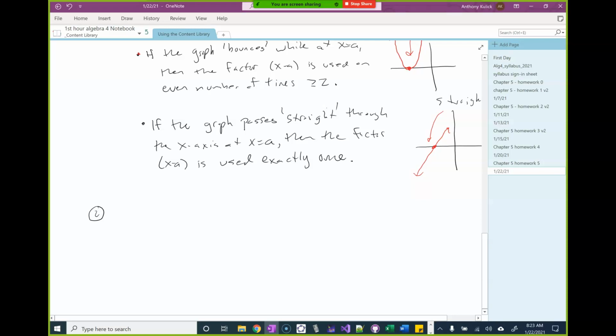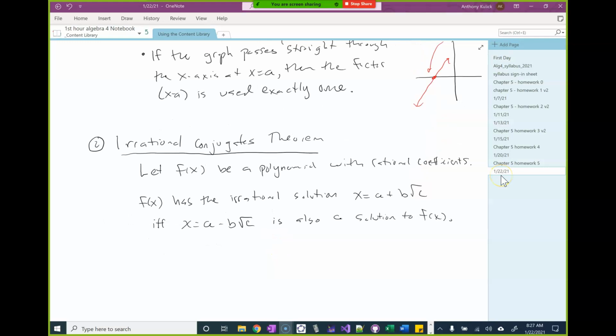That says a picture though of like what those solutions are going to look like. Any of them might be going on. The next one is the complex conjugates theorem.